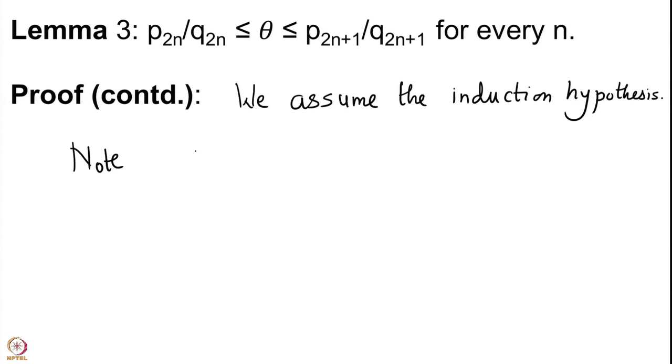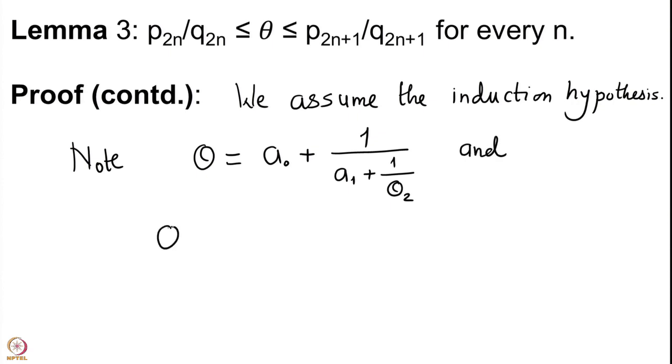that this theta, which we are writing as a0 plus 1 upon a1 plus 1 upon theta 2, where theta 2 has the continued fraction expansion which starts from a2.